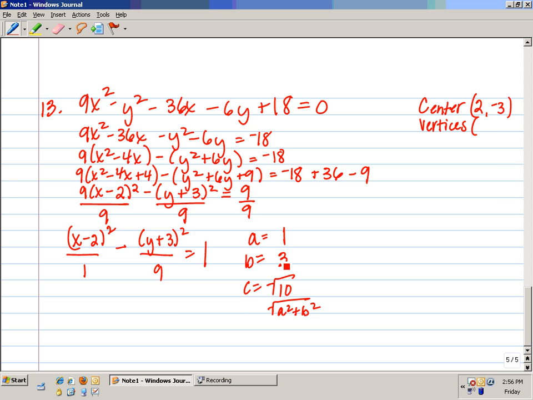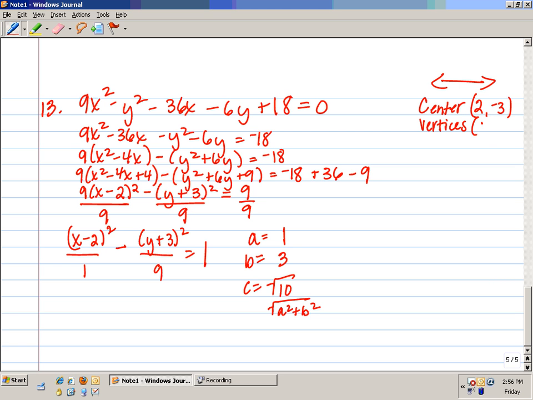Okay. So because x is first, that means our transverse axis is horizontal. So I'm going to be moving along the x-axis. This says I'm going to move 1 left and right from the center.